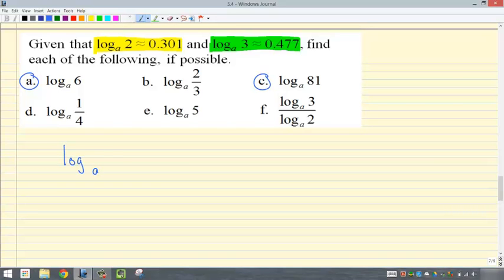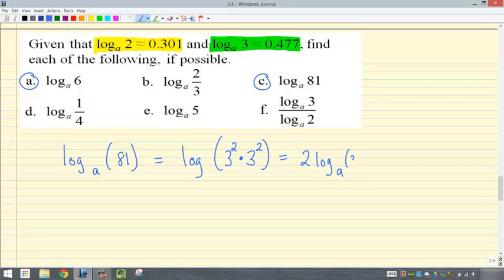Log base a of 81. So how can you create an 81 using only 2's and 3's? 3 squared times 3 squared. This would become 2 log base a of 3 plus 2 log base a of 3.